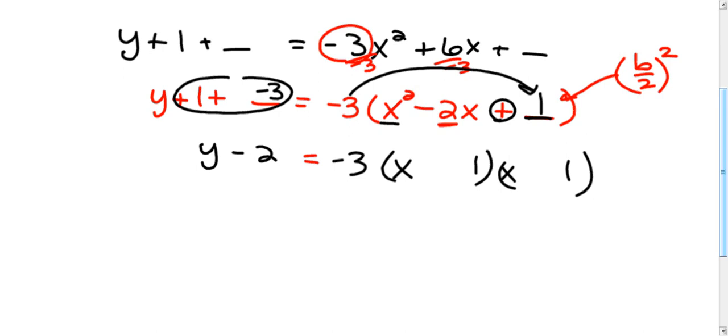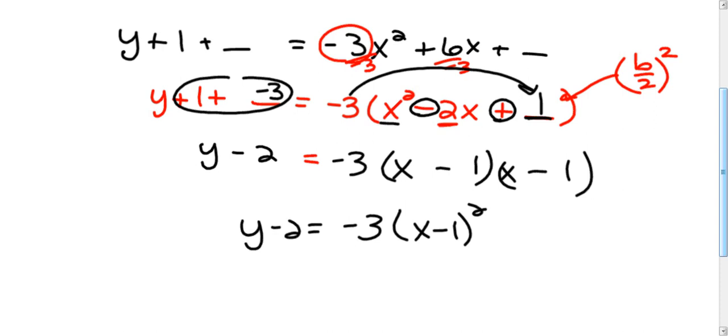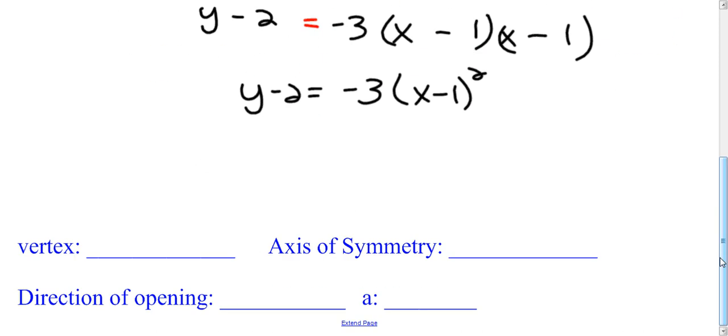And since this is a plus back here, it either has to be plus, plus, or minus, minus. Hint, hint, hint, minus, minus. Okay, so I can rewrite x minus 1 times x minus 1 as x minus 1 squared. Okay, and then I can just add the 2 back over. And I am there.